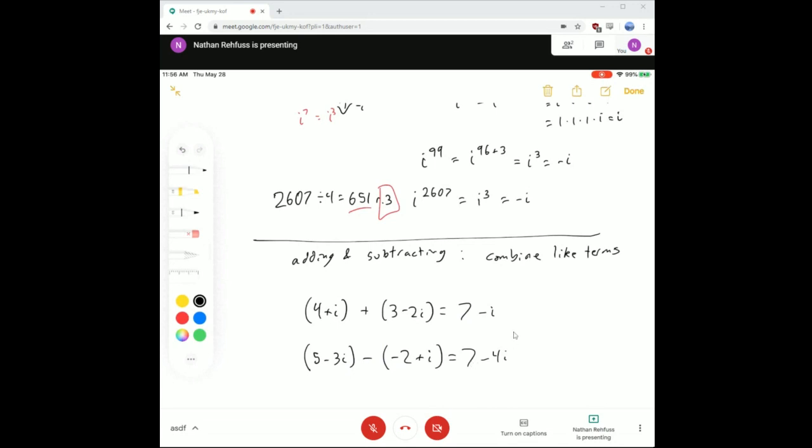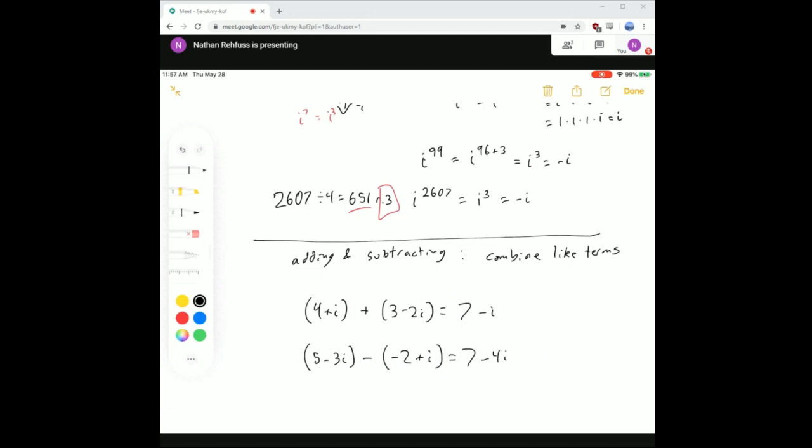So adding and subtracting complex numbers, all you have to do is combine like terms. If you just pretend i is an x, then you already know how to do this. Very simple. Adding and subtracting is no problem.